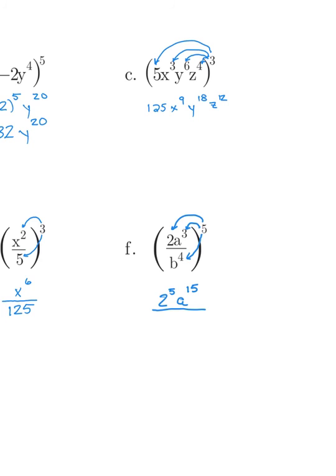And b to the 4 times 5 is 20. 2 to the 5th is 32. We did negative 2 to the 5th. 2 to the 5th is just 32. And we'll keep our variables and our exponents. And we're done with that one.